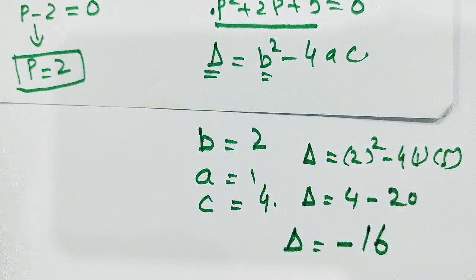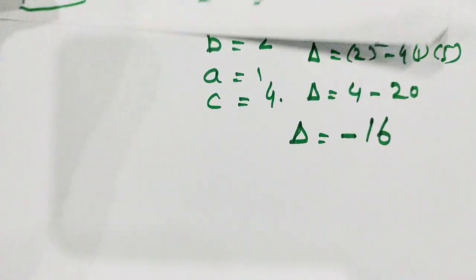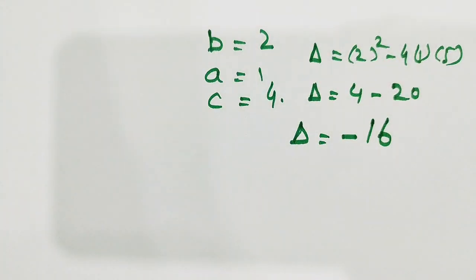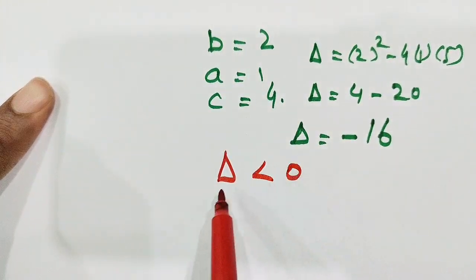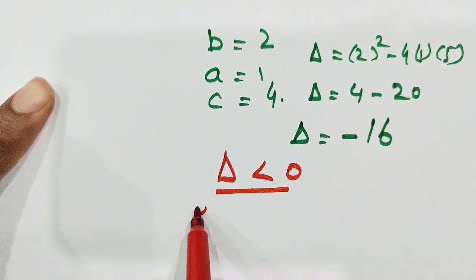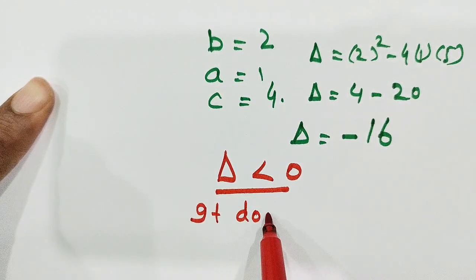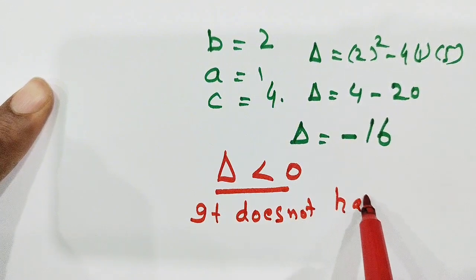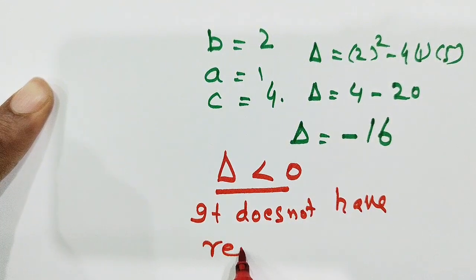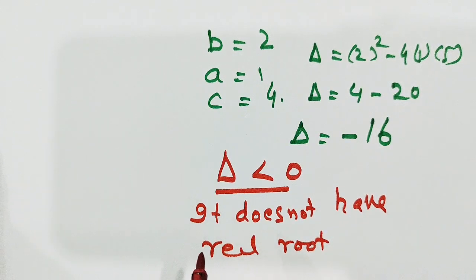Here is a very interesting case generated. If delta, our discriminant, is less than 0, then it does not have a real root.